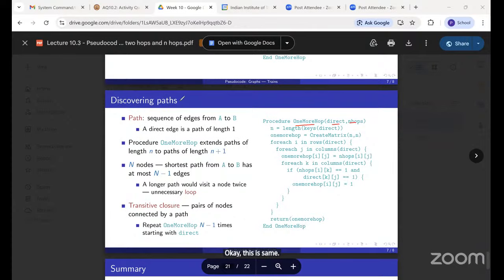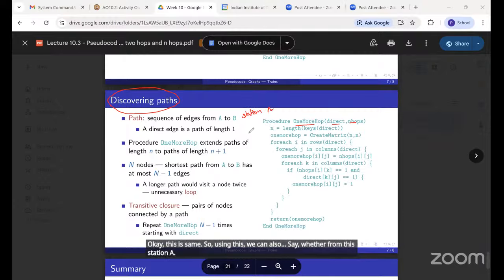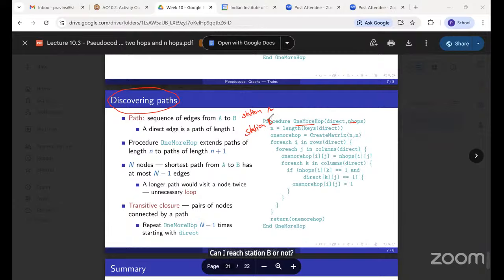So using this we can also say whether from this station A can I reach station B or not, and in between there could be n stations. If we are finding n-hop matrices, ultimately it tells whether I can reach from station A to B or not.